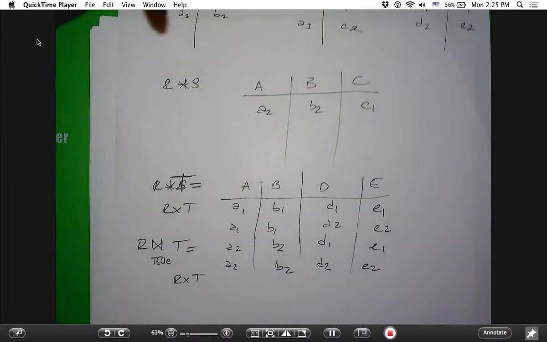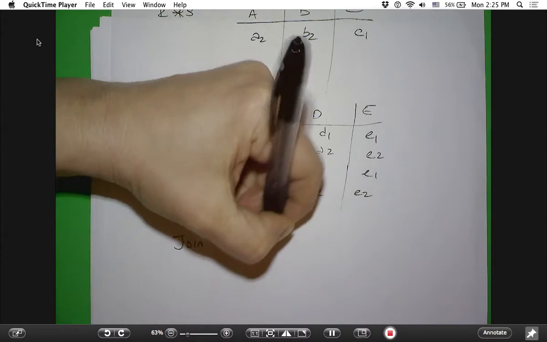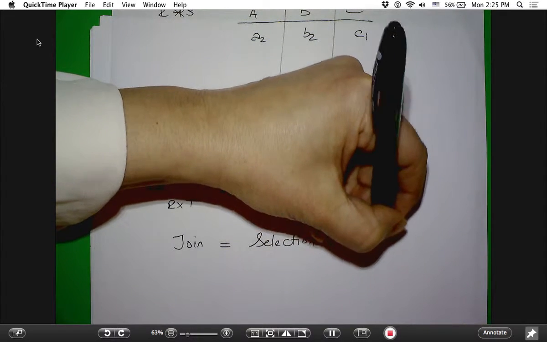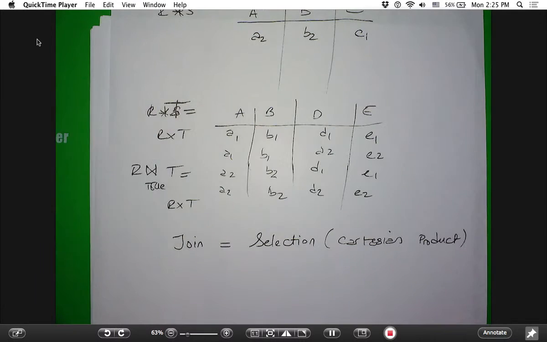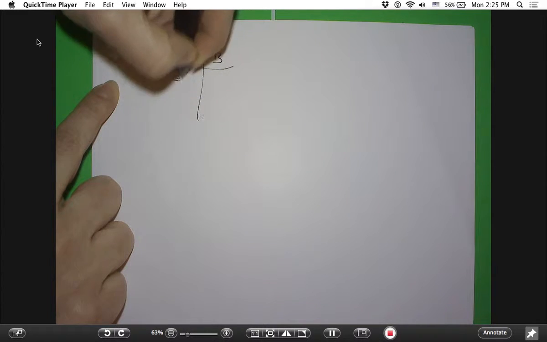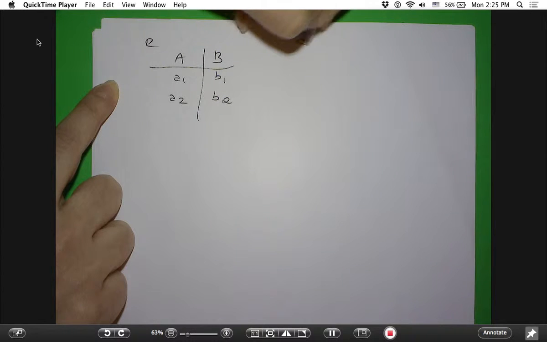So remember, a join is selection after Cartesian product. I will do one more simple example. Let's say I have R and S.